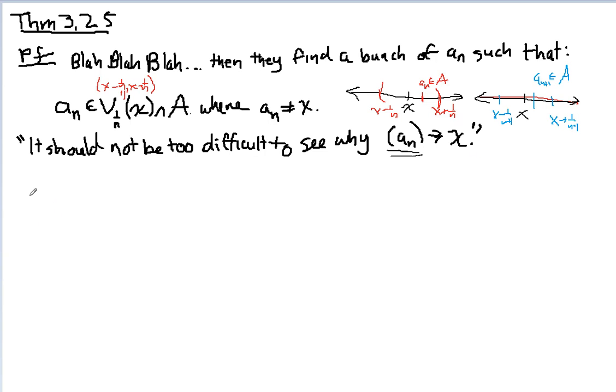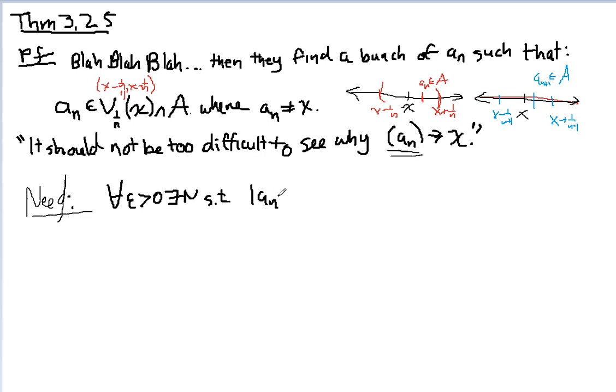Well, what do we need? I'll go back to my writing. We need, for all epsilon bigger than 0, there exists an N such that, what do we need?